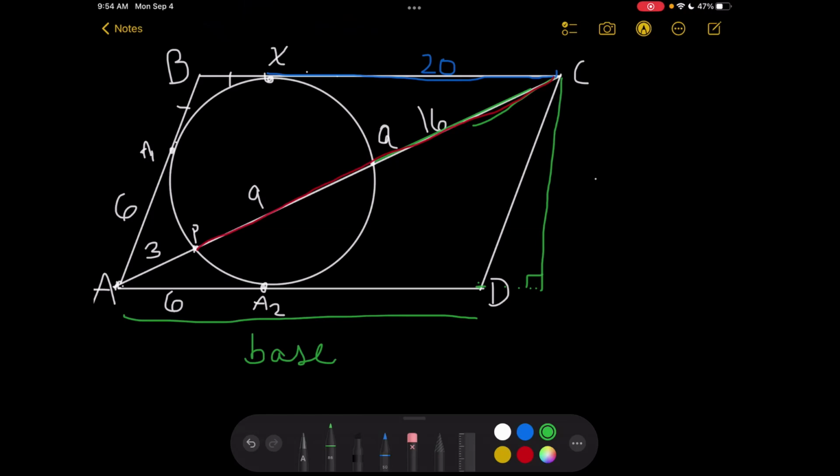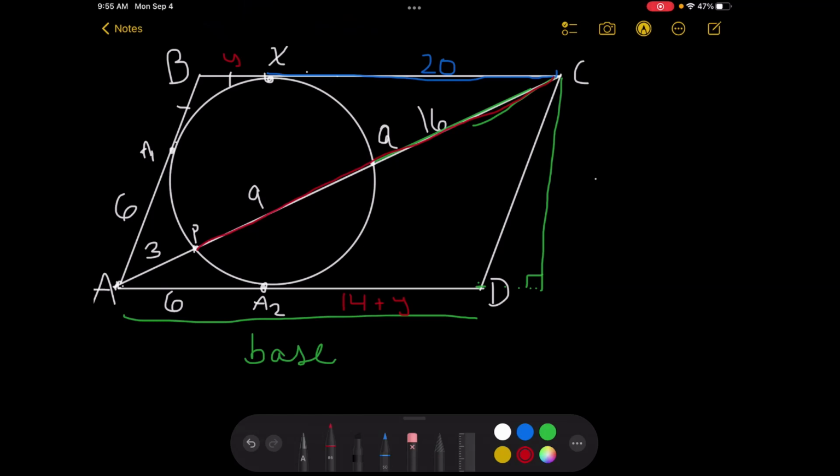So what's the length of our base? Well, the length of our base is 20 plus this segment. We'll call this y. The length of our base is 20 plus y. Opposite sides of a parallelogram are equal. So that means this segment should be 14 plus y.